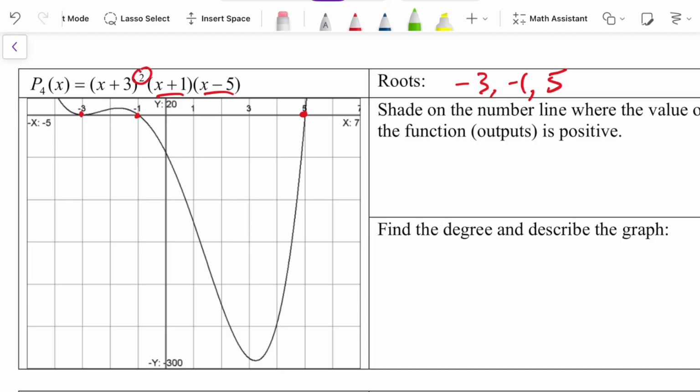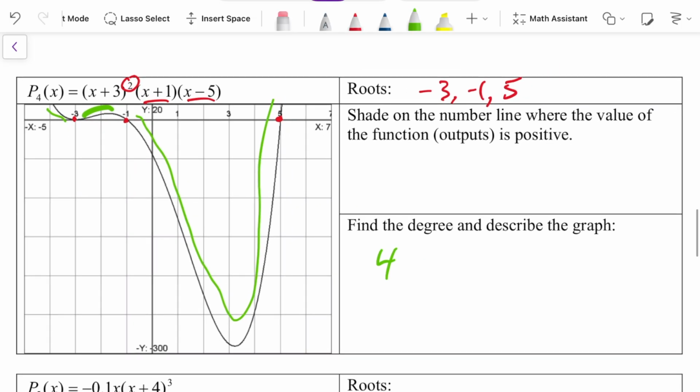And we can count it by going 1, 2, 3, 4. Fourth degree. However, not all the roots allow us to pass through to the other side. This root on -3 bounces it.